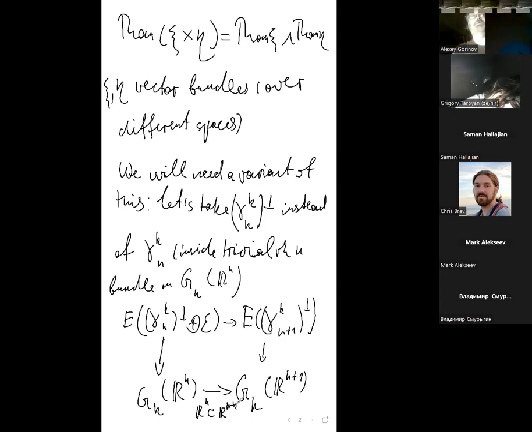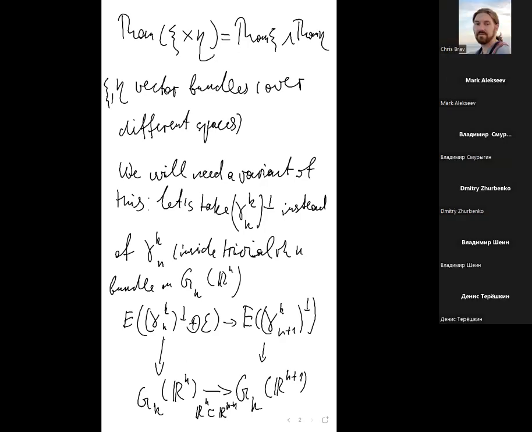Does the diagram make sense? Now, if the diagram doesn't make sense, please don't keep it to yourself. Let everyone know.